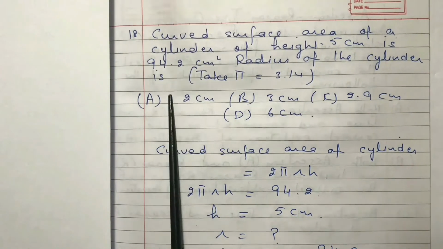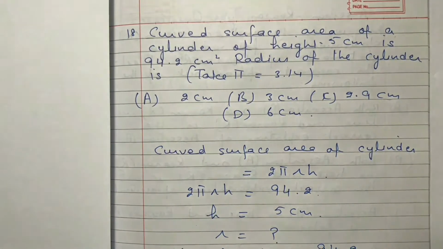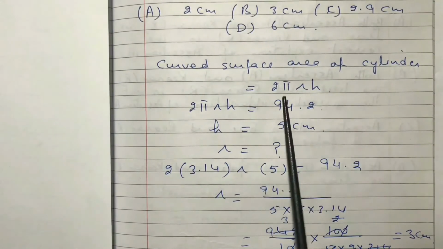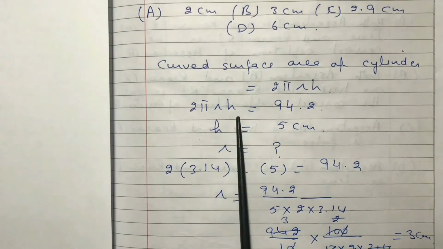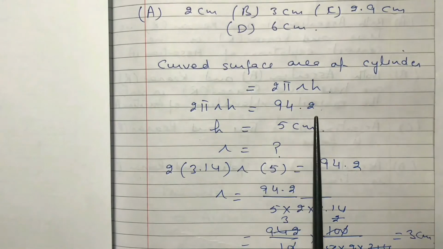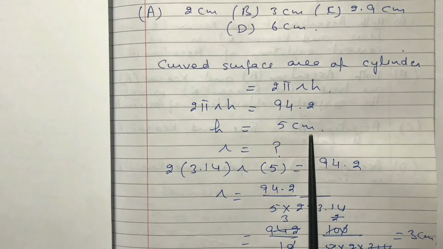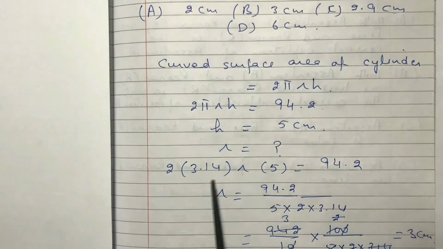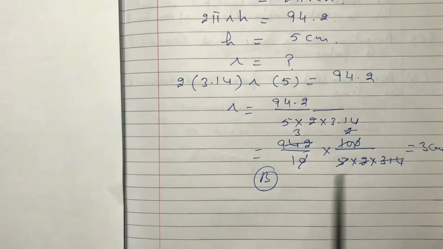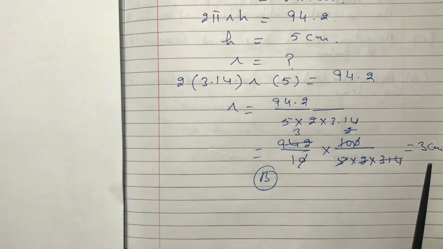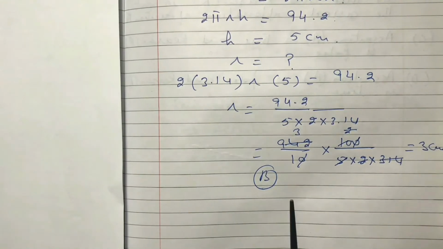Radius of the cylinder is, there are 4 options. Now curved surface area of a cylinder is 2 pi RH. It means 2 pi RH is given 94.2. So h is equal to 5 centimeter. This is again given. We have to find the value of r. Just substitute the values. After cutting the numbers, you will get 3. So B is the option.